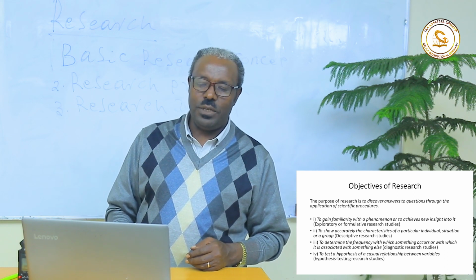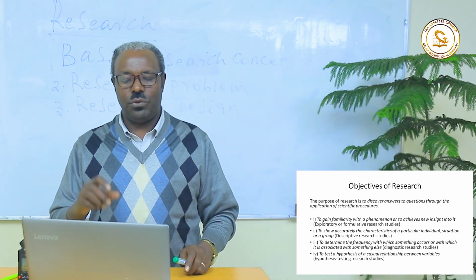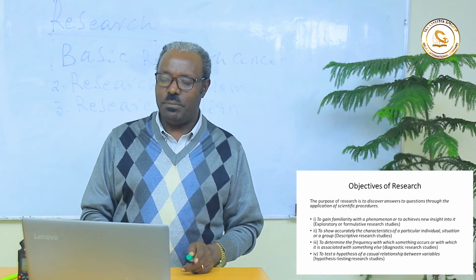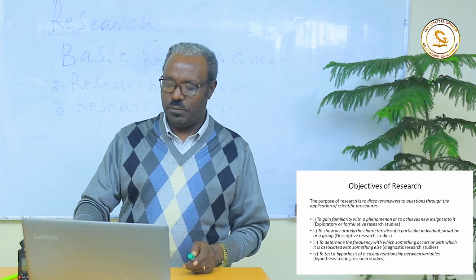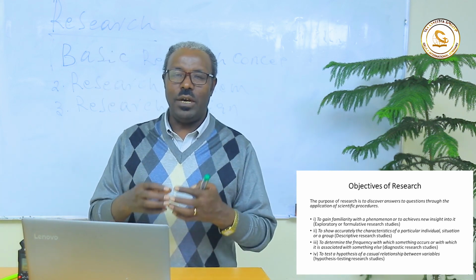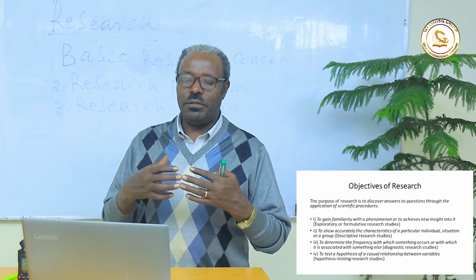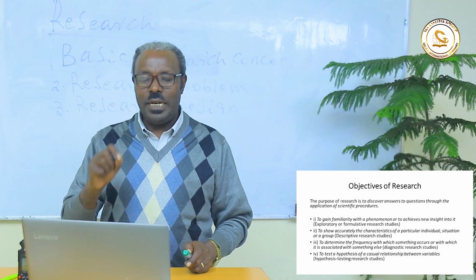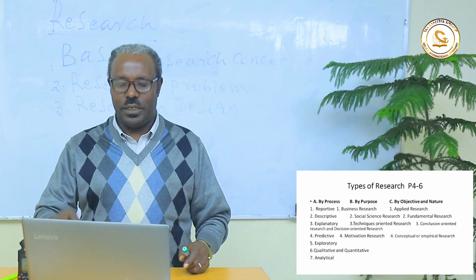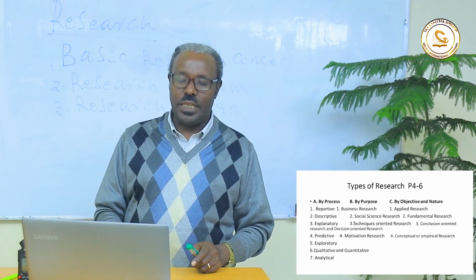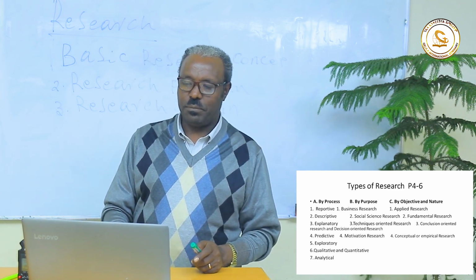The fourth objective of research is to test a hypothesis of causal relationship between variables. These are the 4 main objectives of the scientific procedure of research. When we understand the objective of the research, it is easy to memorize the subject itself.